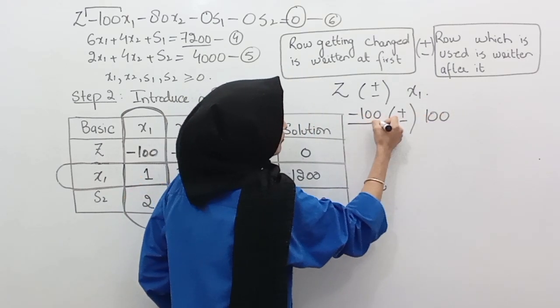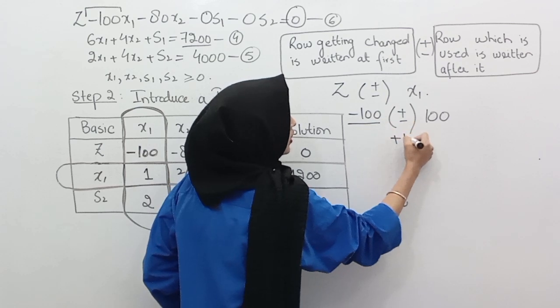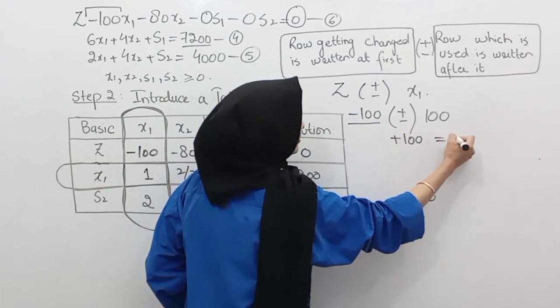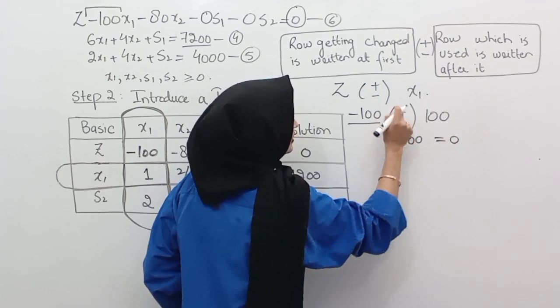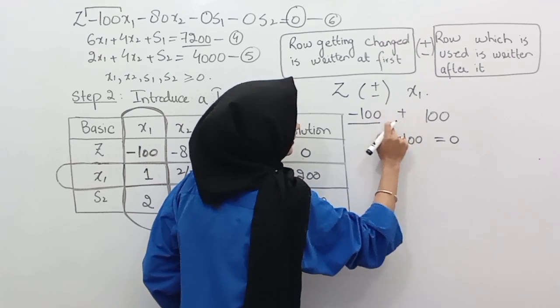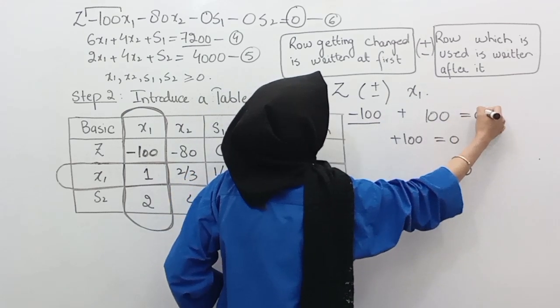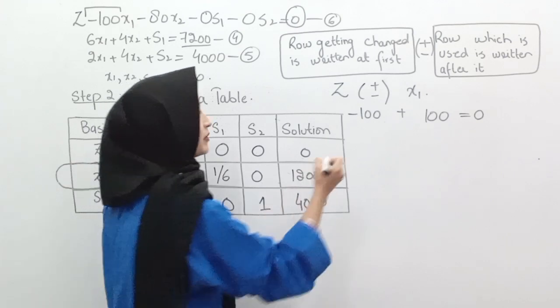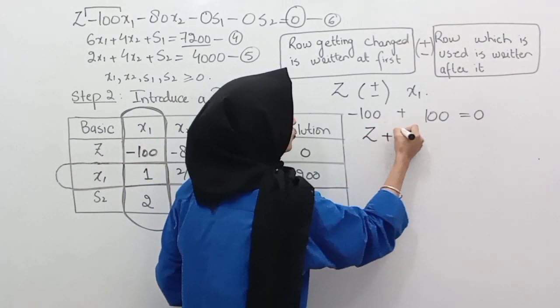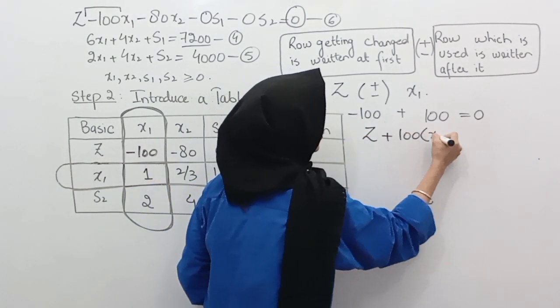It is a negative 100. If we add 100 to it, it will become 0. So we will simply use a plus sign here. That will give us 0. So the row operation will be z plus 100 into x1.